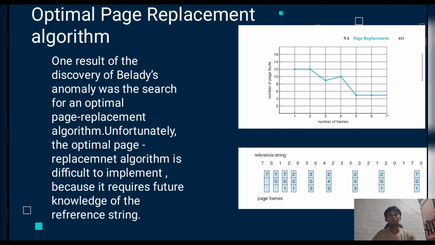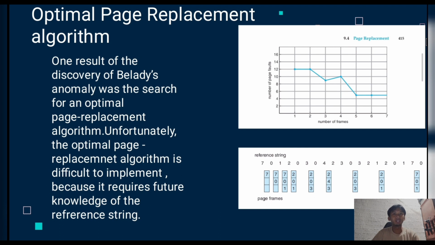For example, on our sample reference string, in the second figure, the optimal page replacement algorithm would yield 9 page faults as shown in figure number 2.